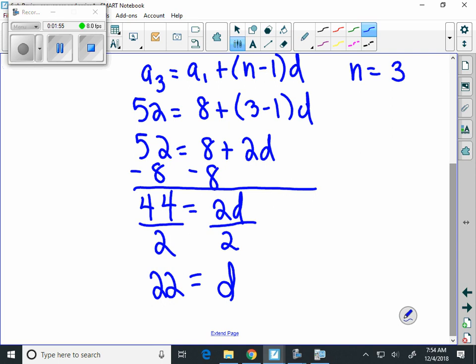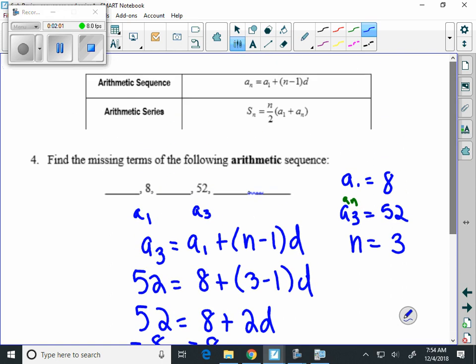So once we know that the common difference is 22, then we've already seen a problem like this on problem number 2. We know the common difference. I'm going to write it up here so we can see it. But what we're going to do when we go to the right is add the 22. So 8 plus 22 is 30. Check and balance.